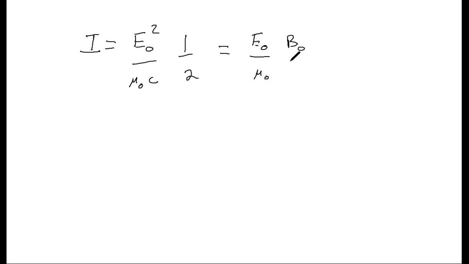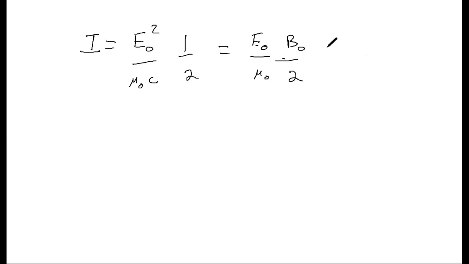So the intensity that we perceive is given by the amplitude of the electric field squared over mu naught c, times a factor of half. That can be rewritten as E naught times B naught over 2 mu naught.